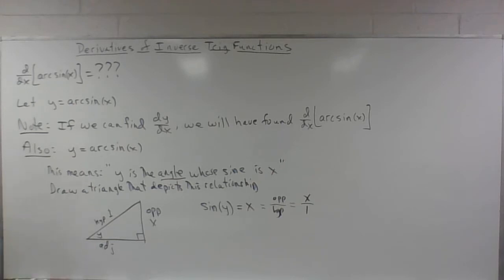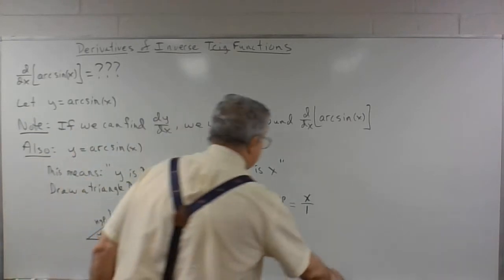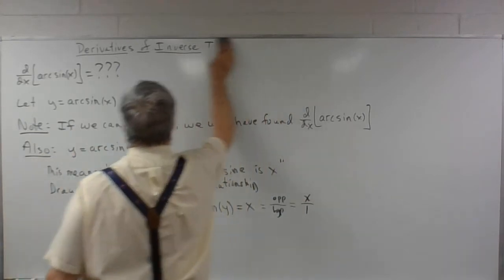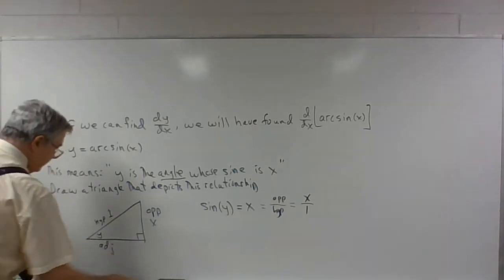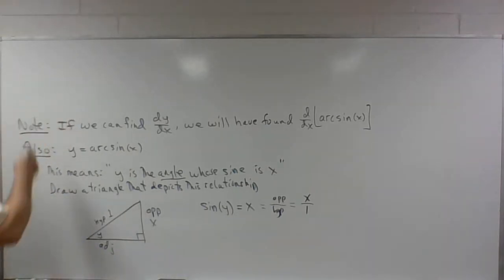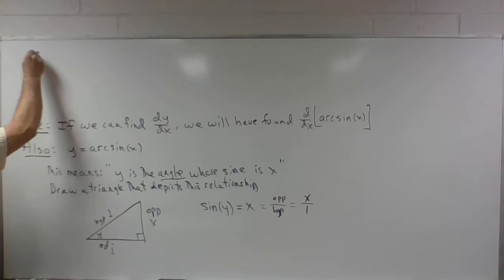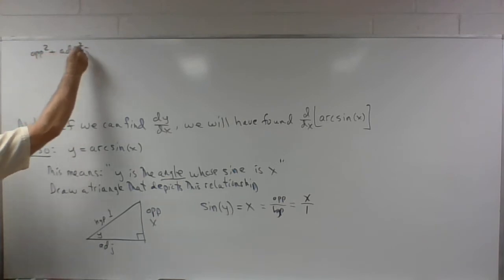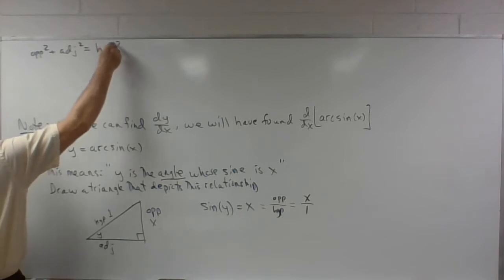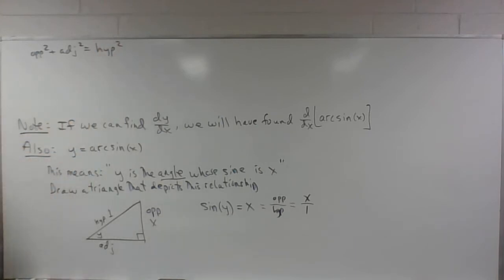So I'm going to compute that right now. Remember that opposite squared plus adjacent squared is hypotenuse squared. That's just Pythagorean's theorem.